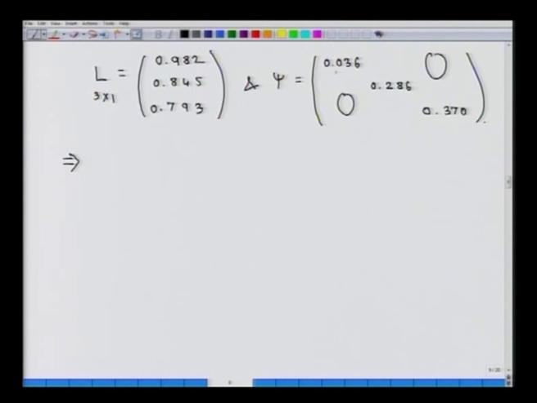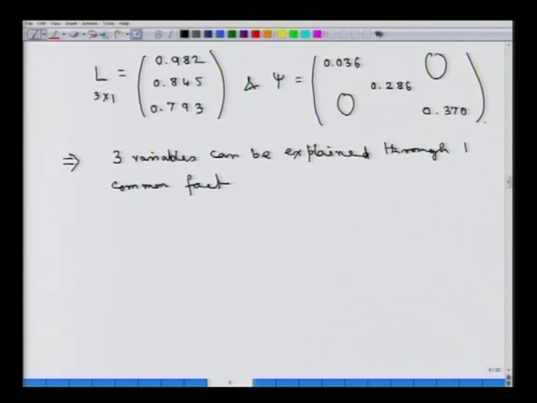Moreover, this psi matrix that we have solved has got these diagonal entries to be all positive, and hence this is a valid one factor model. So, this implies that the 3 variables can be explained through one common factor. Now, what is that common factor?